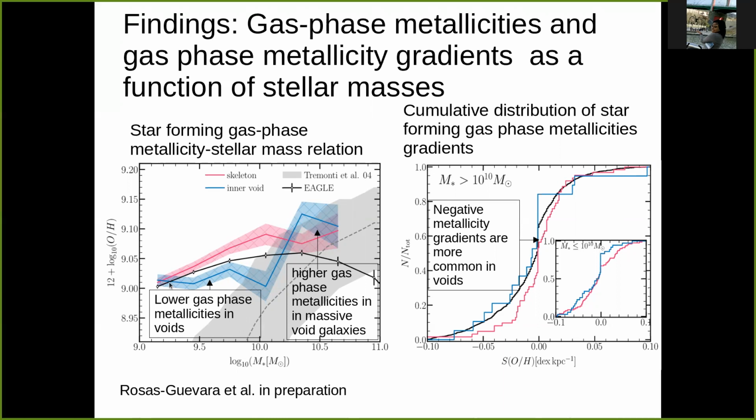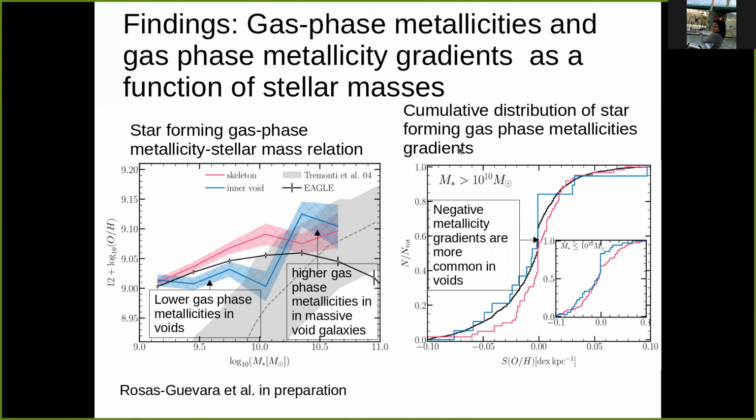So we can see that inner void low mass galaxies present lower gas phase metallicity in comparison with the skeleton. We found the opposite trend for the most massive galaxies, where massive galaxies in voids present higher gas phase metallicities than a skeleton. However, here the scatter of the relation is higher.